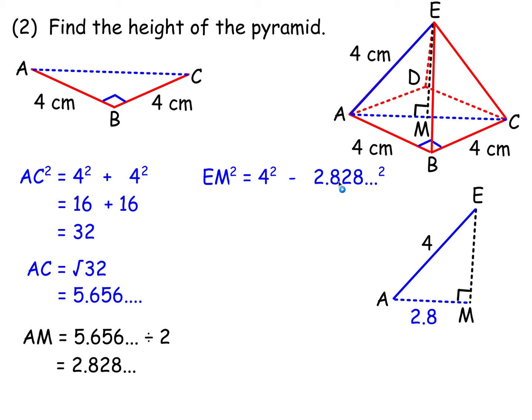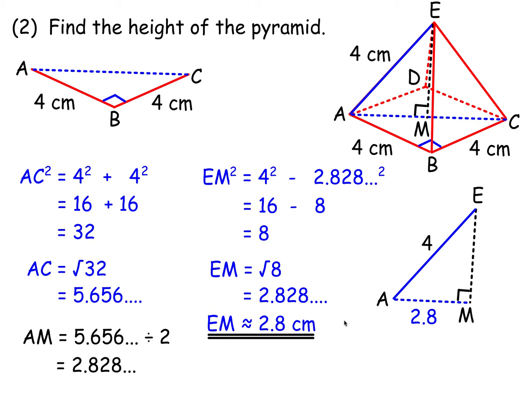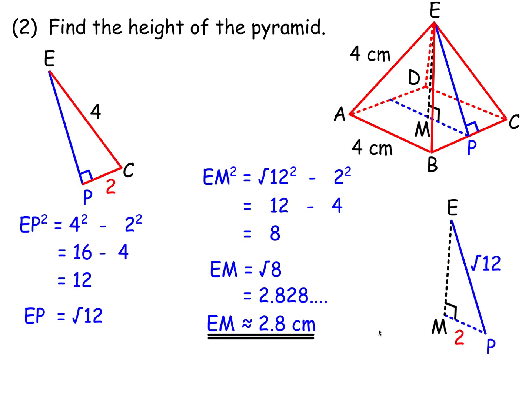Now as long as you use that unrounded, it will be exactly 8. If it's not exactly 8, you've introduced an error by rounding. Follow that through, EM's the square root of 8. There it is off the calculator, there it is rounded. It's the same answer as before, but that's a harder way to do it. I don't suggest you do that method, but you do the previous method.